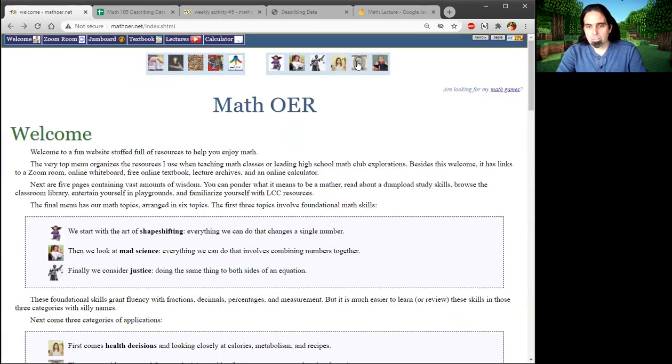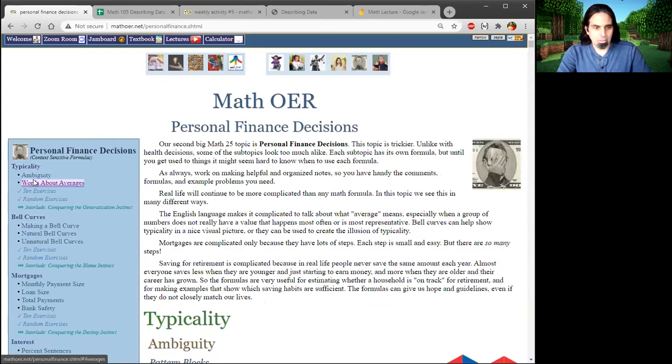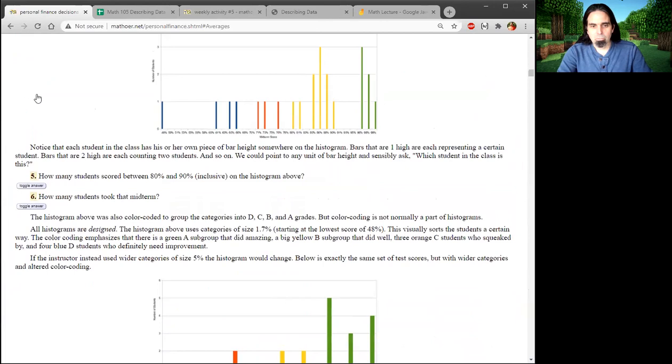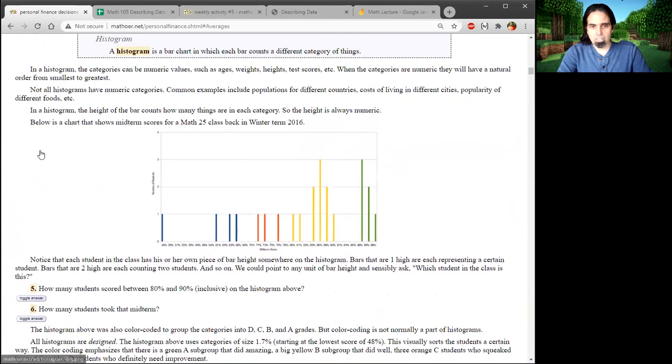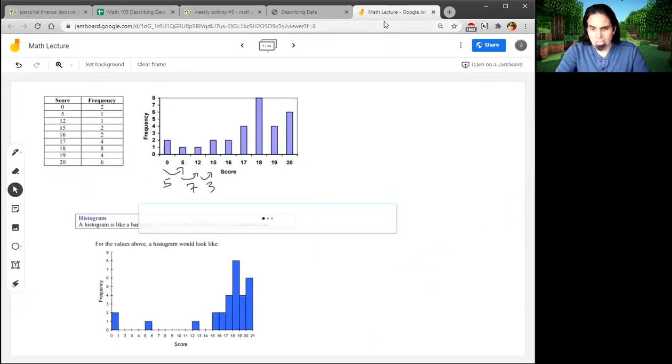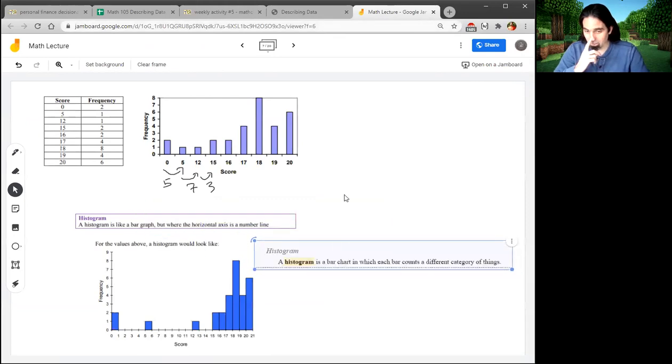We did histograms earlier in the words about average section. Does this page ring a bell? We talked about this last time. I defined it differently, as a histogram is a bar chart in which each bar counts a different category of things. I like that definition better because it is not requiring that we have quantitative data. It works for last week when the bins were just labels also.